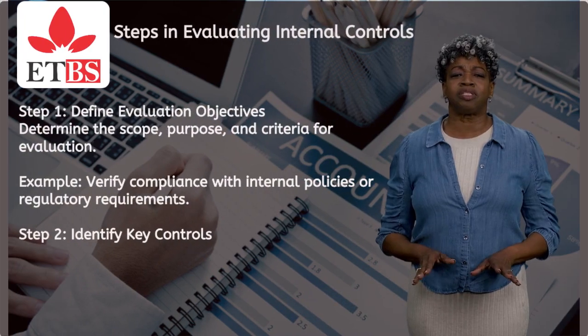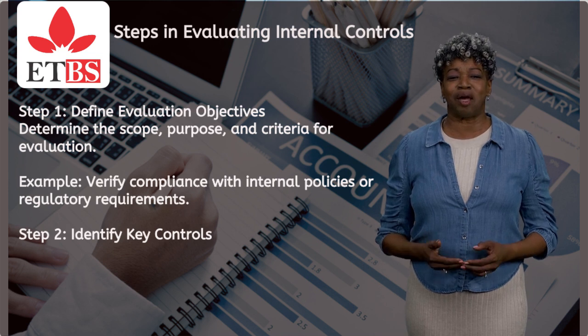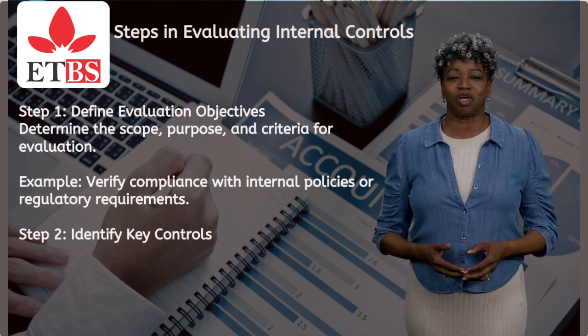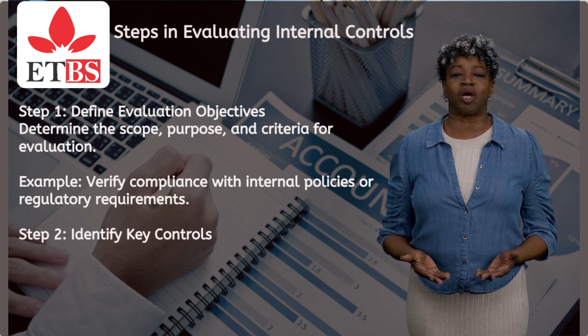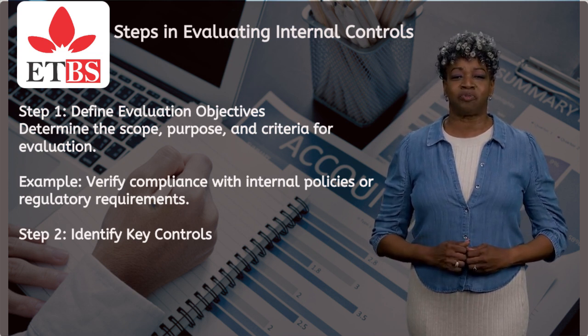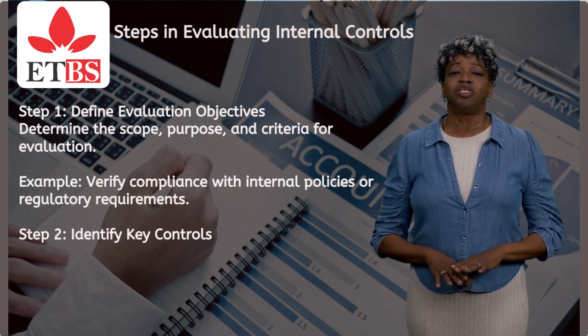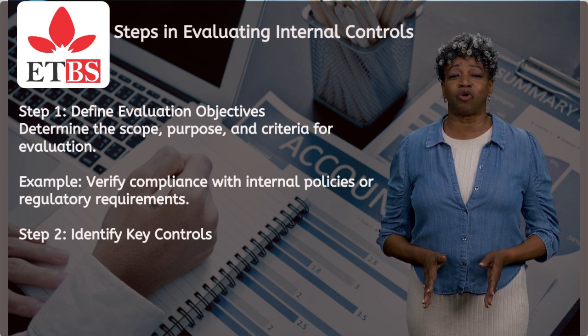4. Steps in evaluating internal controls. Step 1. Define evaluation objectives. Determine the scope, purpose, and criteria for evaluation. Example: verify compliance with internal policies or regulatory requirements. Step 2. Identify key controls.